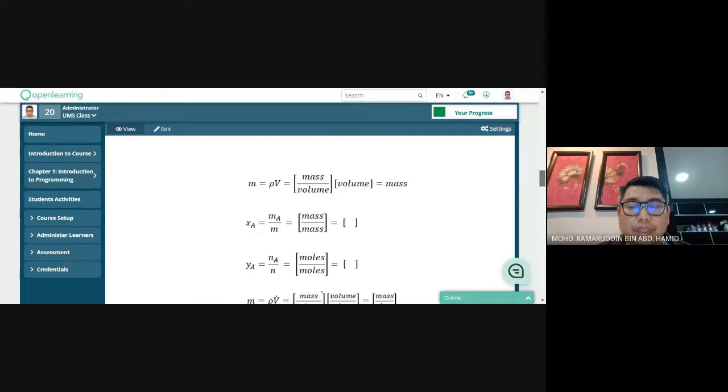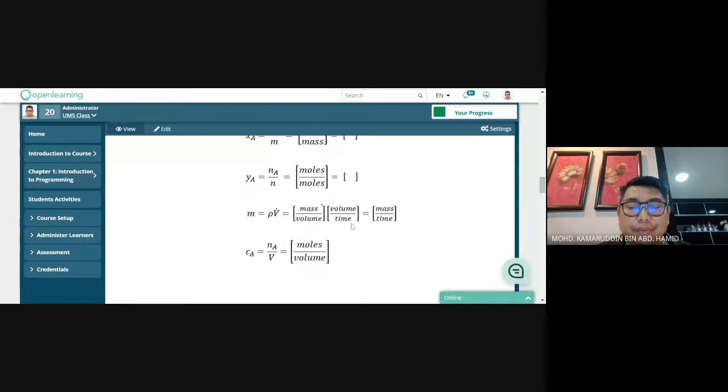For example, something like this. The mass flow rate, for example, is the density times the volumetric flow rate. Then after that, some of the units can be cancelled out, some of the variables can be cancelled out.